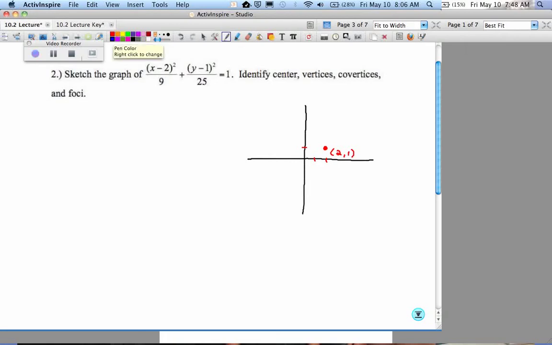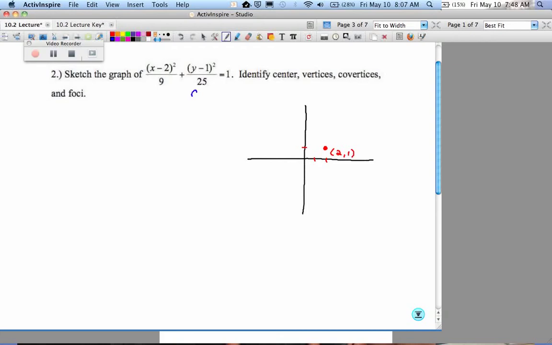Where are we stretching more vertically or horizontally this time? Look underneath, there's a 25 under the Y. So we're going to stretch more vertically. The ellipse itself will be more vertical. The major axis is running up and down.